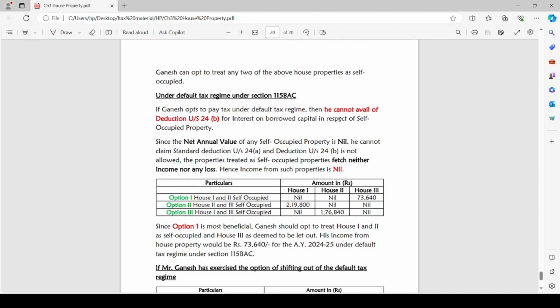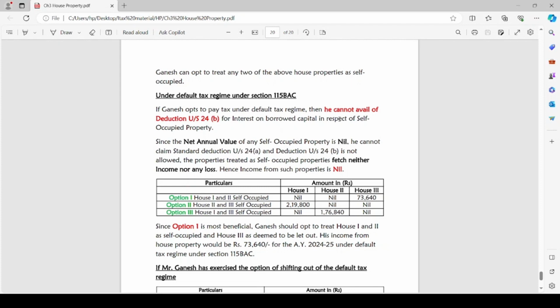And deduction under section 24B is not allowed under the default tax regime. So, the properties which Mr. Ganesh treats as self-occupied properties fetch neither income nor any loss. Hence, income from such properties is nil.